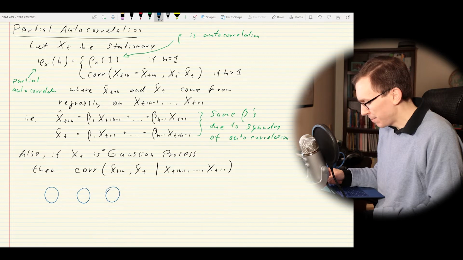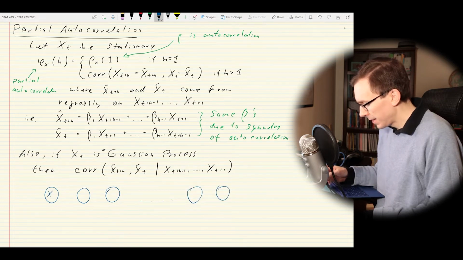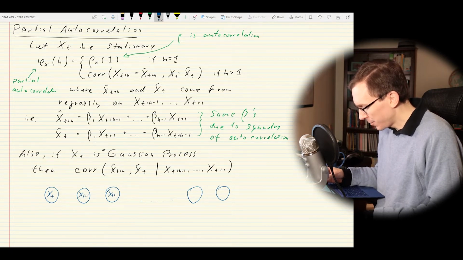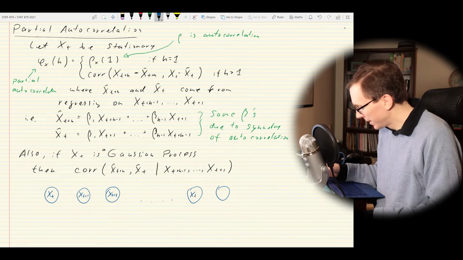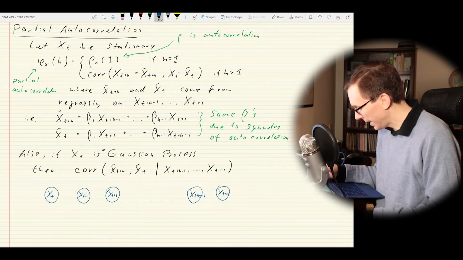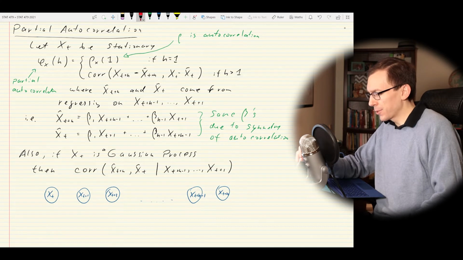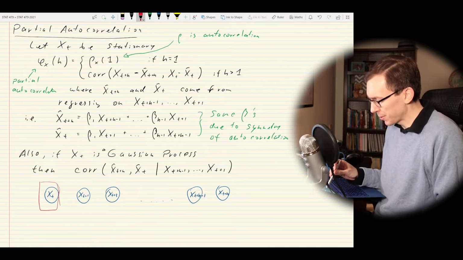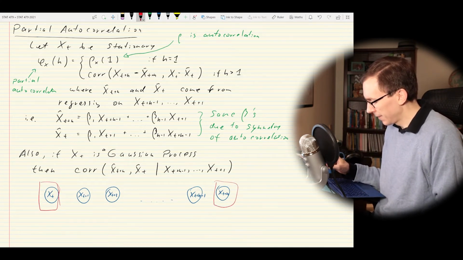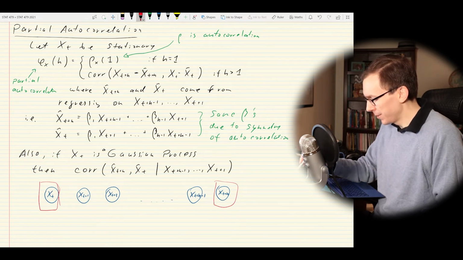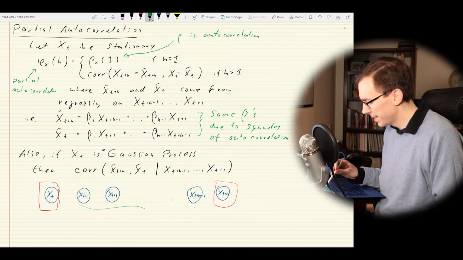If we have, let's say, a bunch of nodes, and we have x_{t+1}, x_{t+2}, x_{t+h-1}, and x_{t+h}. We're trying to figure out what the correlation is between this guy and this guy. But what we're going to do is we are going to condition on all of these intermediate bits.